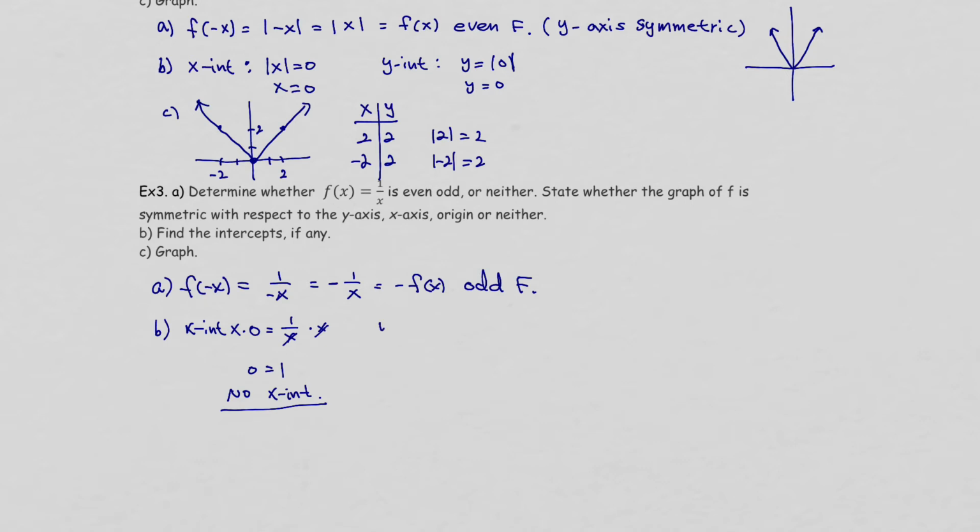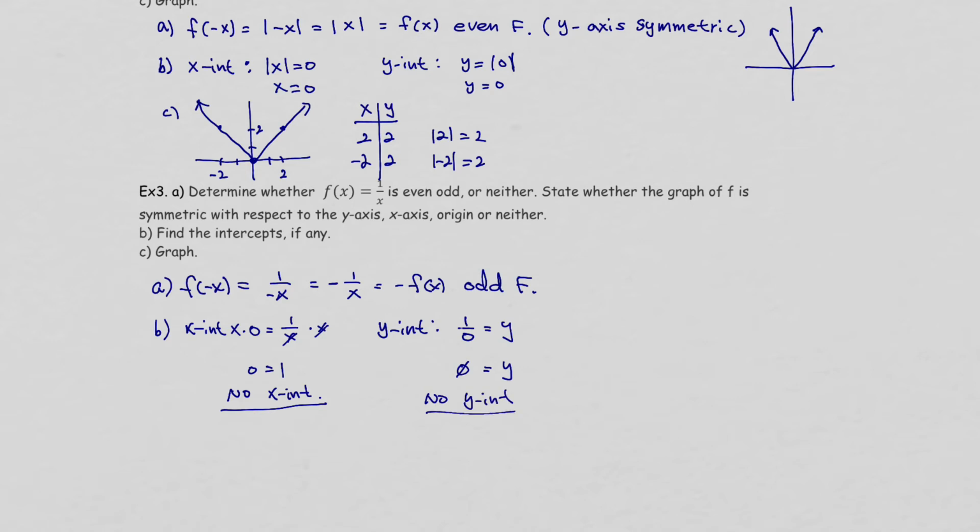What about the y-intercept? The y-intercept is letting x equal 0. And we know that when the denominator is equal to 0, that's going to be undefined, which means there will be no y-intercept.